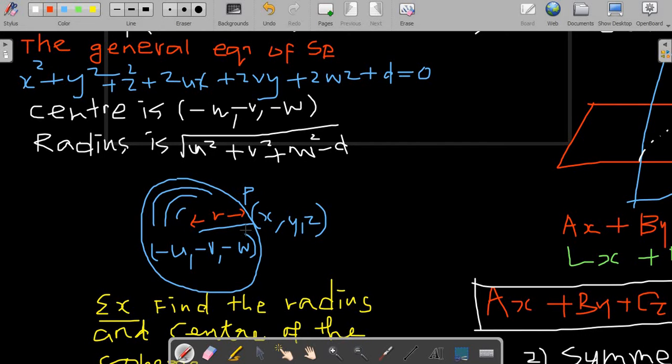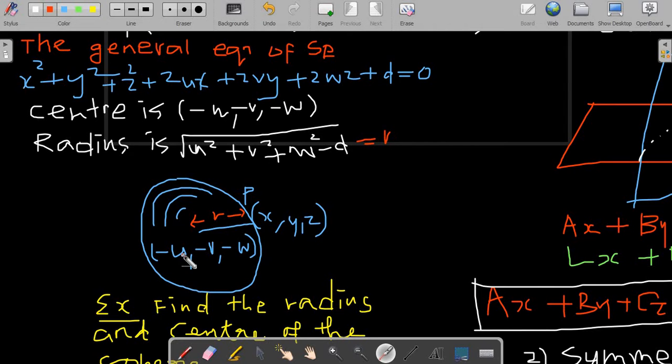If it is equal to r, then the radius is given by the square root of u square plus v square plus w square minus d, and definitely this would be equal to r, not r square, because you are taking the square root. So you understand that the constant distance for this general equation is the square root of u square plus v square plus w square minus d, which is the constant distance from the center to the surface points.